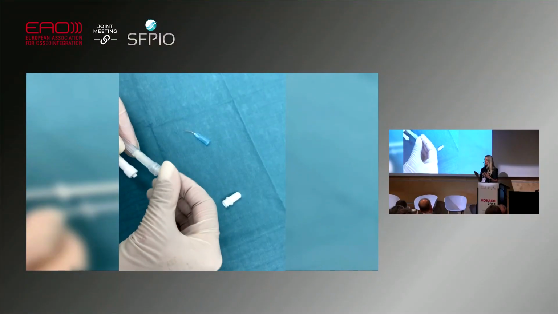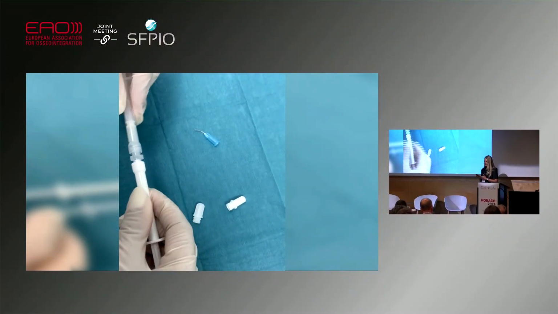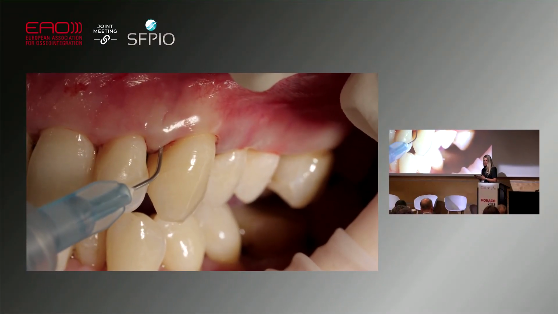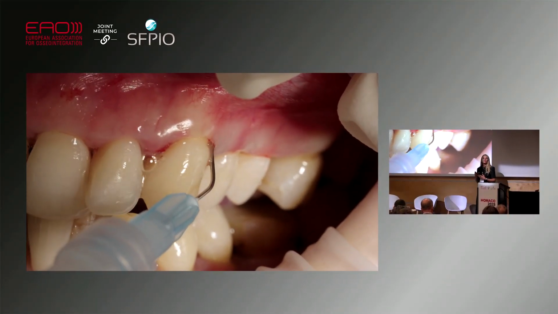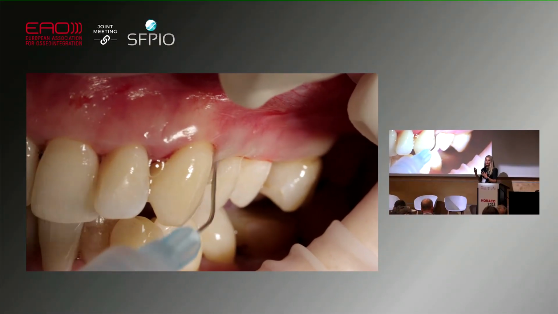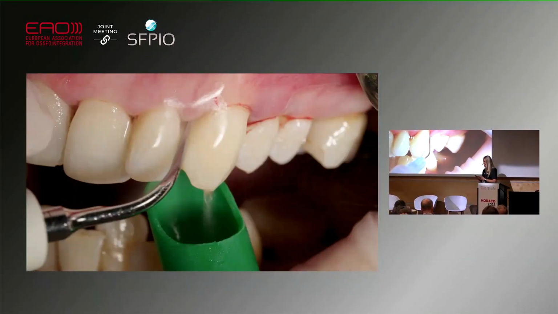It means when chlorine meets amino functions from the amino acid, and we apply it to the pockets prior to instrumentation. The material, as Tony told, has a pH of 12, so it's quite a high pH, which has a softening effect on calculus and makes the instrumentation easier to perform.